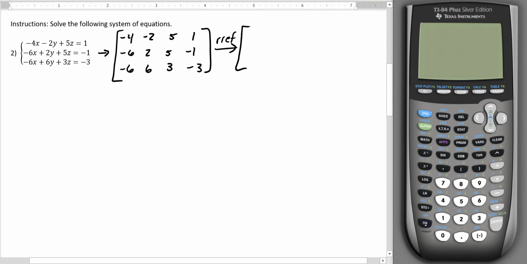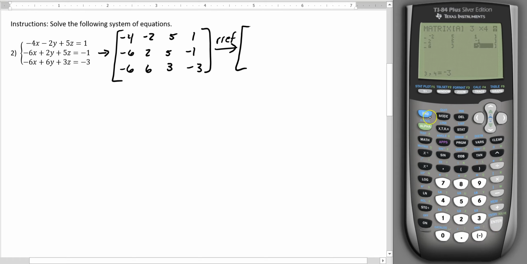So on my calculator, I'm going to second matrix. I'm going to edit matrix A, which is a 3 by 4. I have negative 4, negative 2, 5, 1, negative 6, 2, 5, negative 1, negative 6, 6, 3, and negative 3.